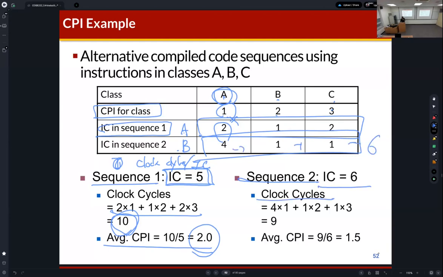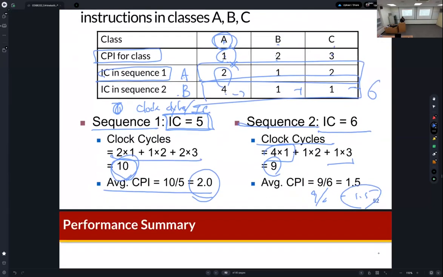The total clock cycles is 4 multiplied by 1, plus 1 multiplied by 2, plus 1 multiplied by 3, which is 9. So 9 divided by 6 is 1.5. So this example shows that different applications have different fractions of instructions, so the CPI is also influenced by applications.